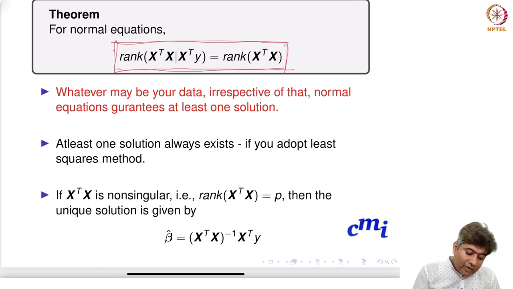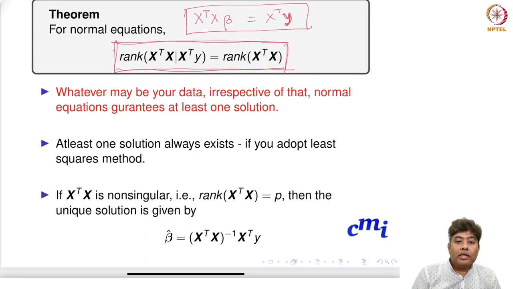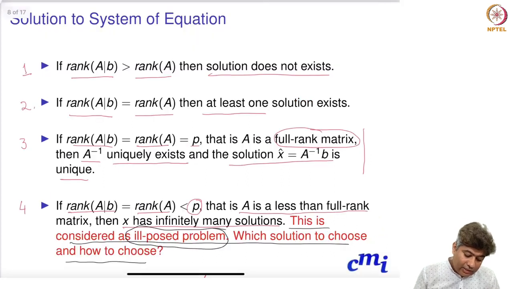If you have a normal equation like X transpose X beta = X transpose y, all you have to do, given data, is set up the normal equation, and this theorem guarantees that you have at least one solution. So if you go back here, the second condition is true for whatever be the data.